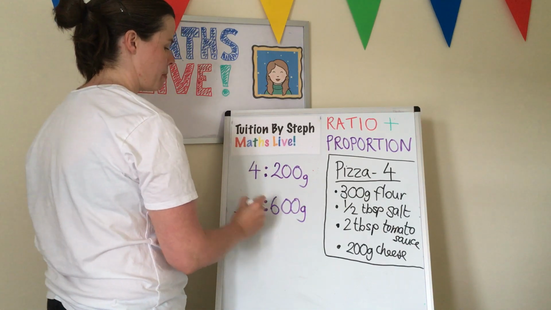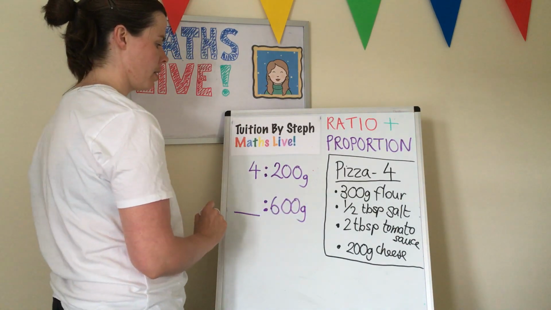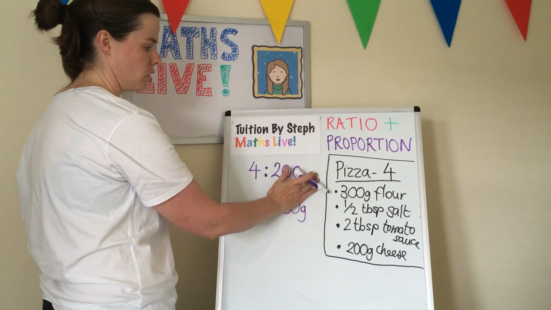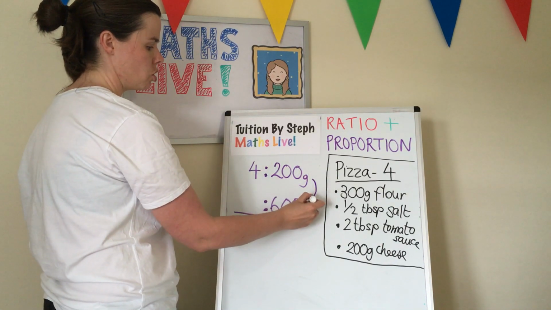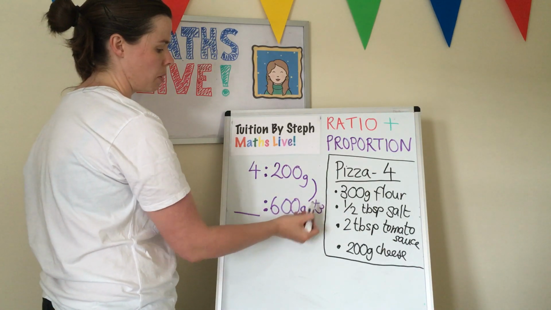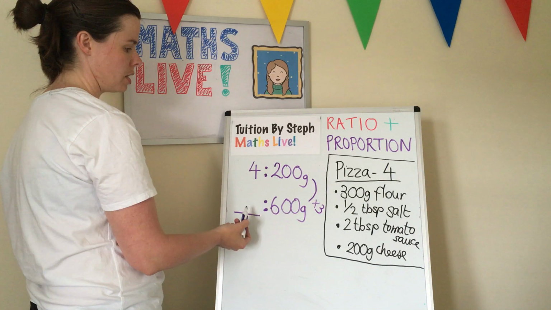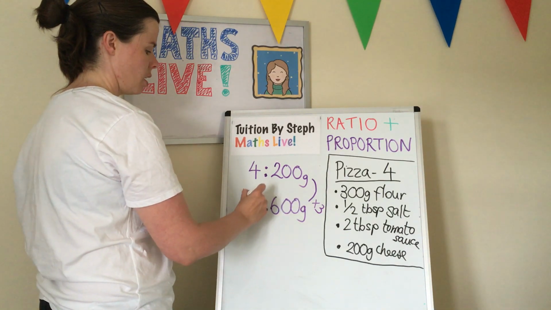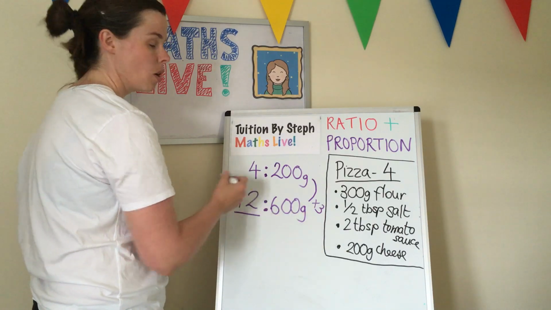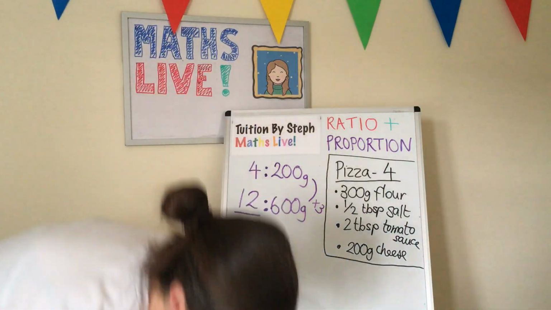So how many pizzas would this make? So we look at the set ratio and how do we change it? What do you do to 200 to make it into 600? You times it by 3. Do the same to this side. 4 times 3 is 12. So 600 grams of cheese would make 12 pizzas.